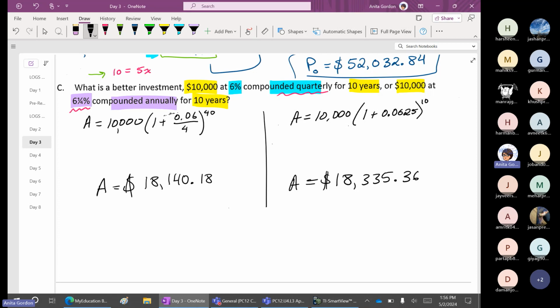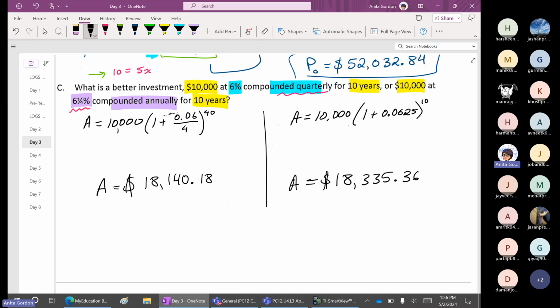So if you are an investment company or an investor, as you will be at one point in your life, and you are debating same number of years, same initial investment, it is better to have a higher interest rate than a higher compounding rate.